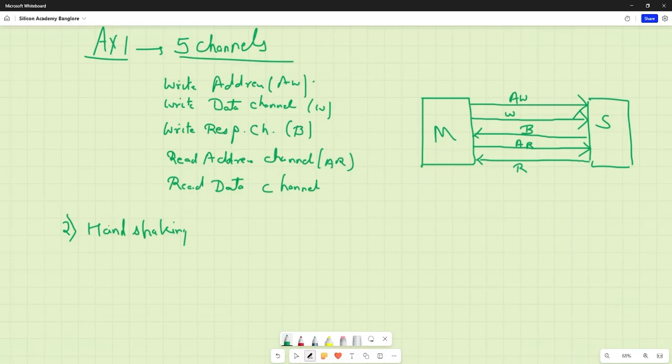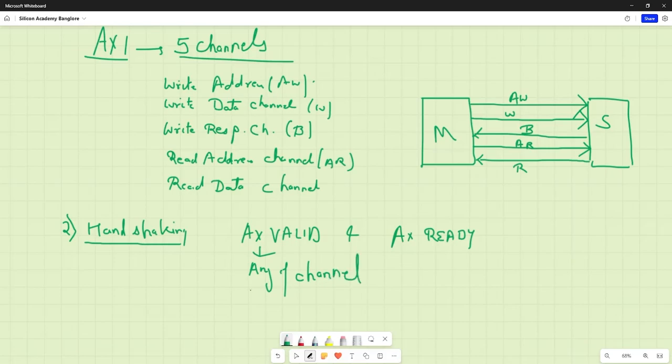There exists a handshaking between each of these channels, and that handshaking is done with the help of two basic signals called the valid and the ready signal. They are represented by AXVALID and AXREADY. X basically can represent any of the channels. So these signals are present in each of the channels.